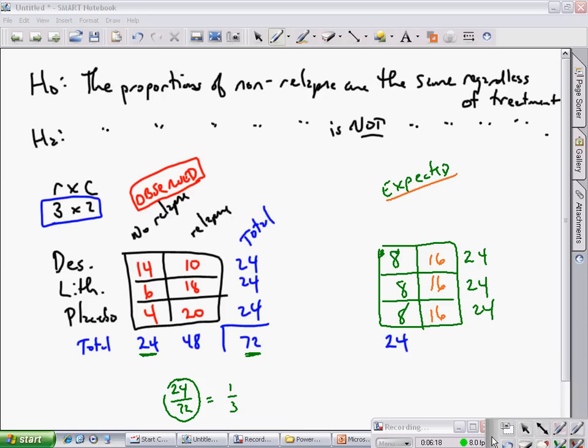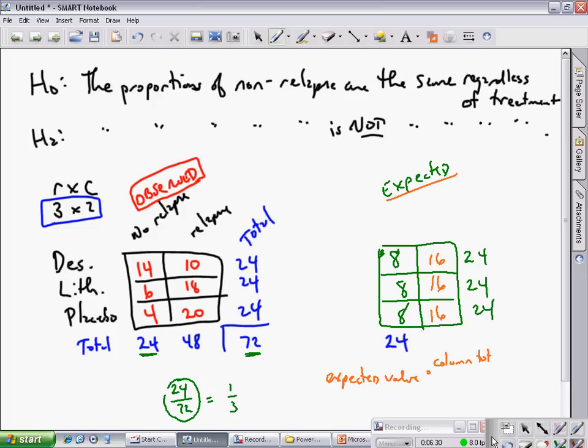Some of you like formulas. The formula for the expected value is column total times row total over table total. So the column total for the first column is 24.